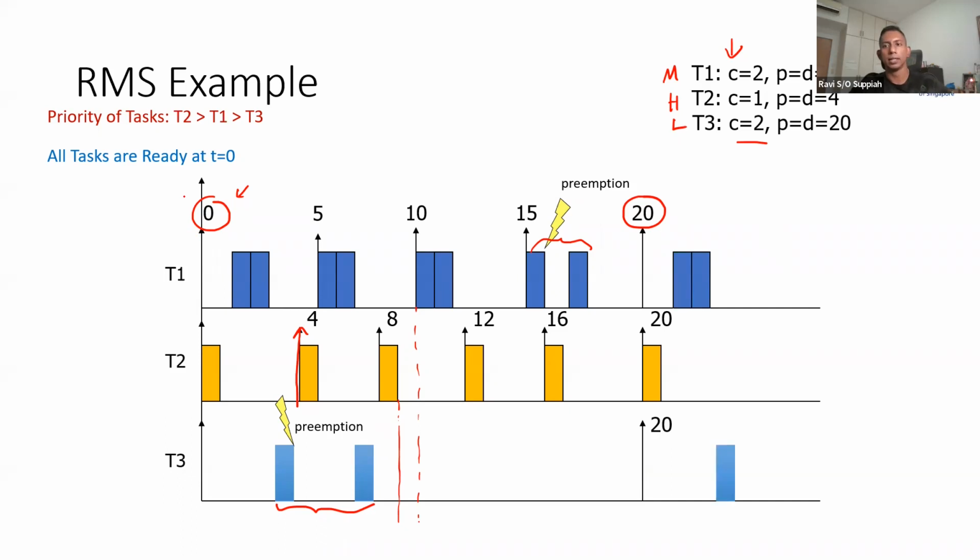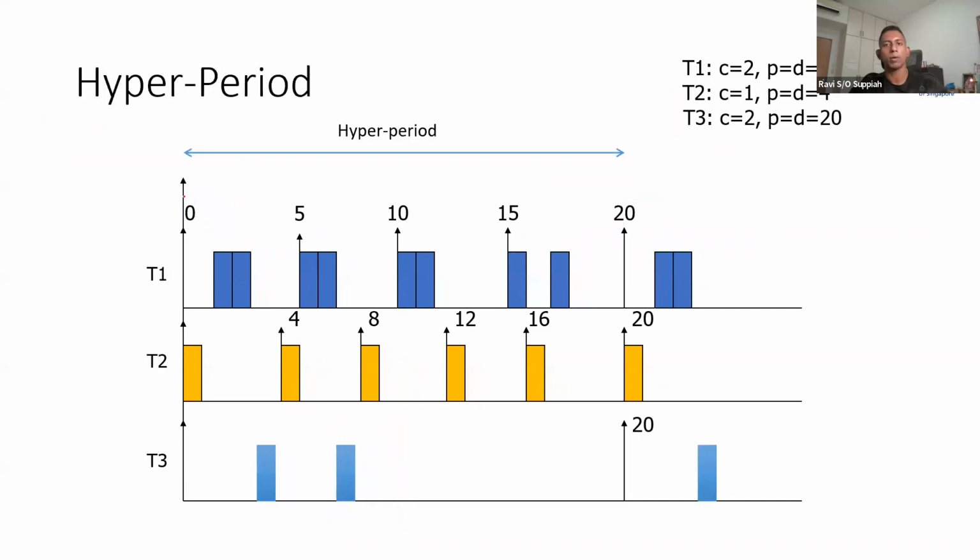That is the concept of what we call the hyper period. If you look at a hyper period and you can see that everything is schedulable, then that whole sequence will repeat itself again and again throughout the next hyper periods.